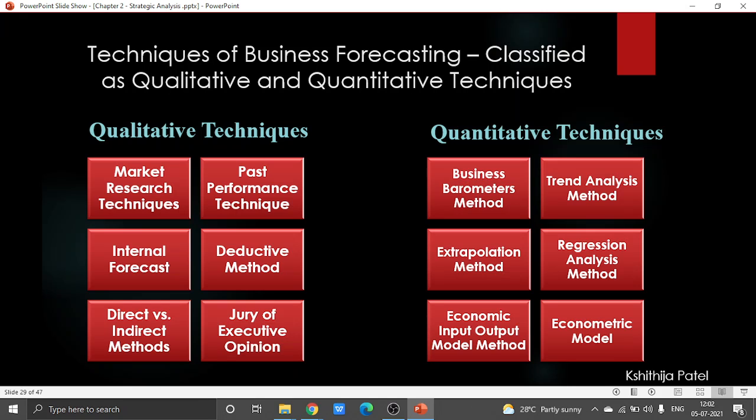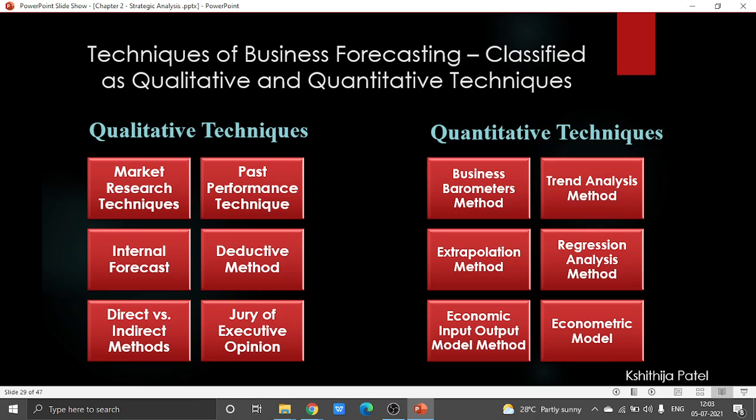Now, under the direct method, what happens is that in an organization where there are a lot of subordinate units, each of the units shall prepare estimates, and the company shall take the aggregate of all the departmental estimates, and based on this the organization shall prepare one estimate for the entire organization.